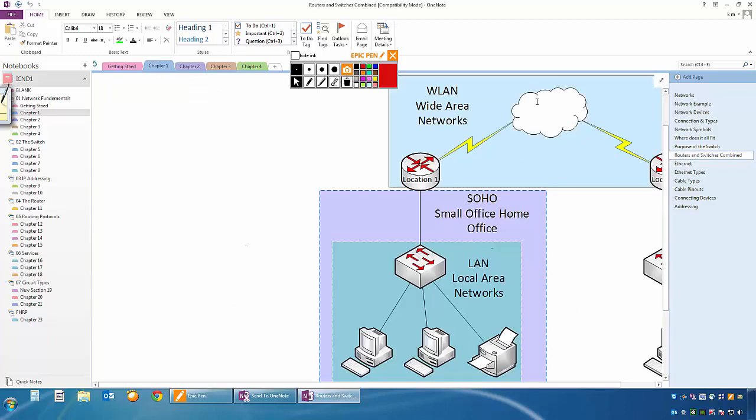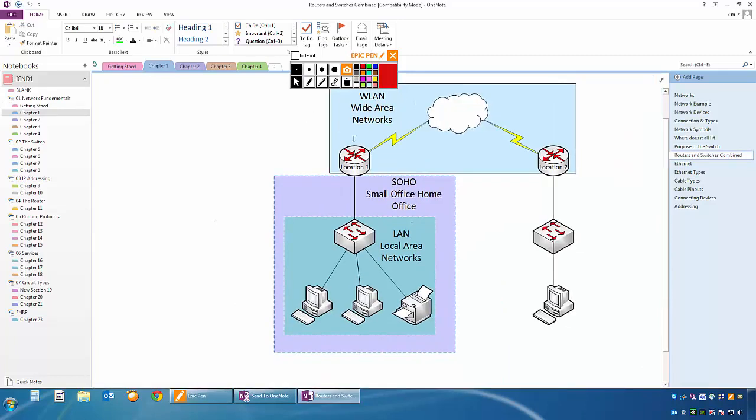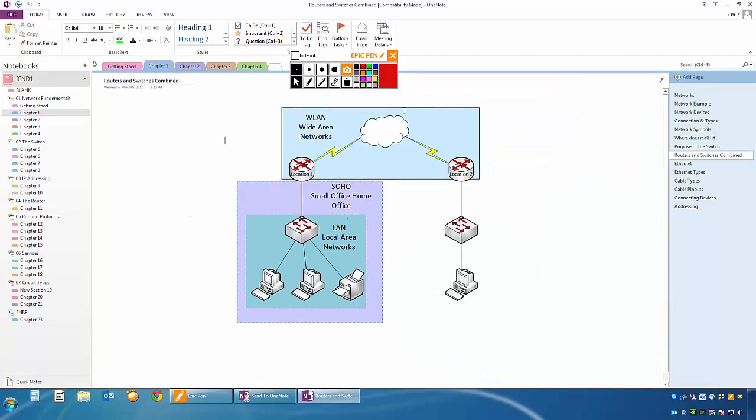So let's see how all this fits in even more. Now this concept, notice how we have a drawing, a network diagram, starting from here. Here's PC1. Now, think of your home.